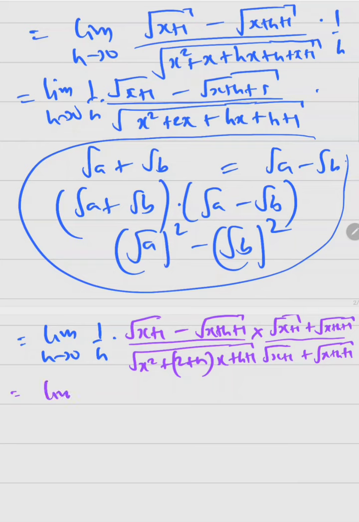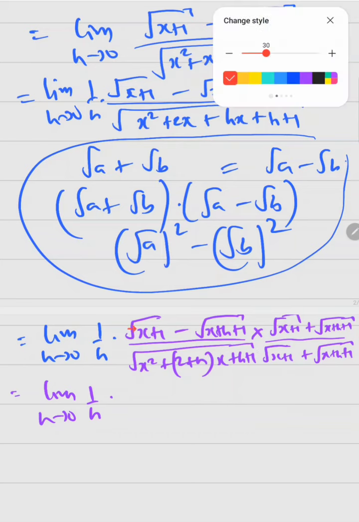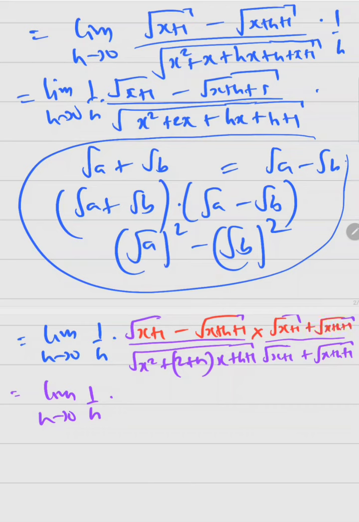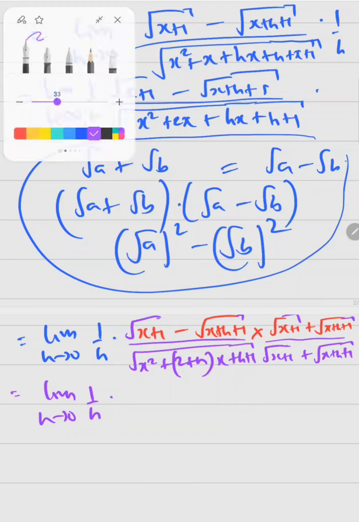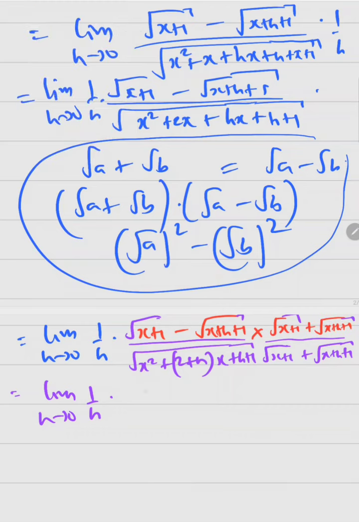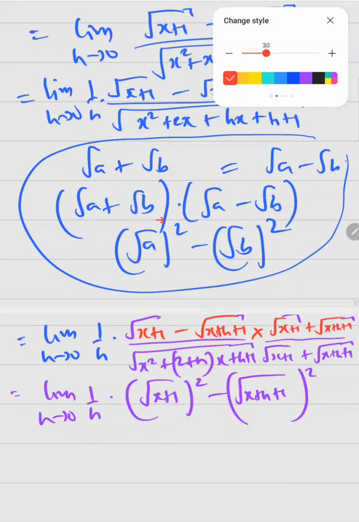So then you are going to have limit as h tends to 0, 1 divided by h. If you apply your difference of 2 squares to this guy, what are you going to have? Then I'm going to obtain square root of s plus 1, everything squared, minus square root of s plus h plus 1, everything squared, from this principle.